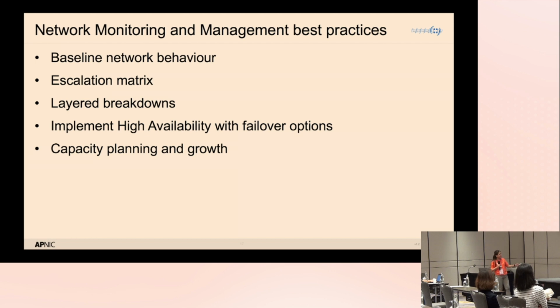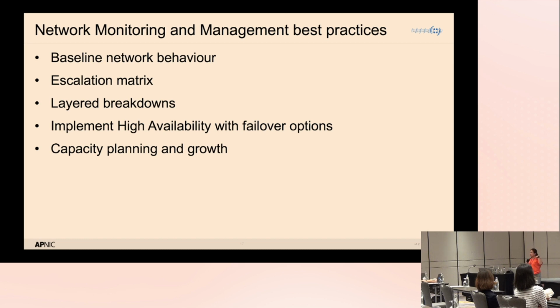How about implementing high availability with failover options? This is something we need to think of a lot more than we're actually doing. If the network is down, and you're running all of your network monitoring and alert triggering in the same network or the same infrastructure, you don't get alerted at the end of the day because it's down. There's no way for messages to reach you.